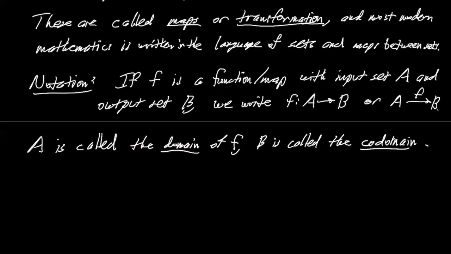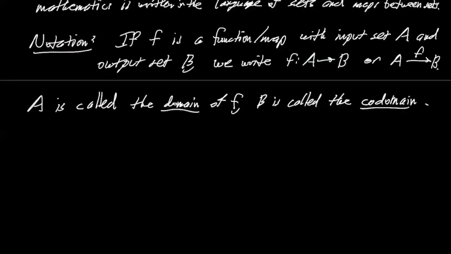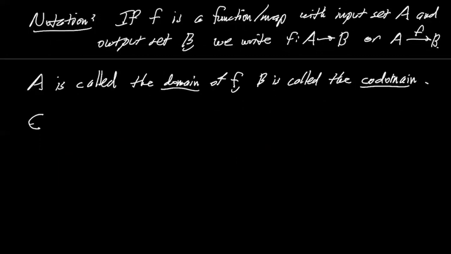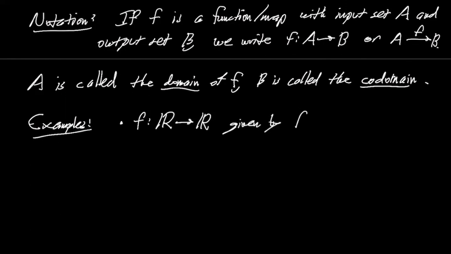Right, so let me just give you some examples, just to illustrate this. So examples we've been talking about. We could have the function f from the real numbers to the real numbers, that's how you read that, given by f of x equals x squared, right? That's the squaring function.